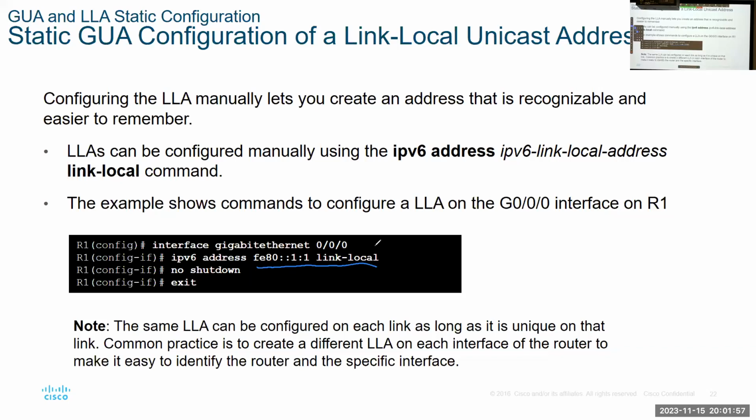So you can reuse link local addresses if that's what you want to do. It's probably not a good idea because it might confuse things, but you can because they never talk to each other, so they wouldn't be considered a duplicate address. Yeah, it says that in the note here. The same link local can be configured on each link as long as it's unique on that link. Okay. However, it's common practice to use a different one on each interface.